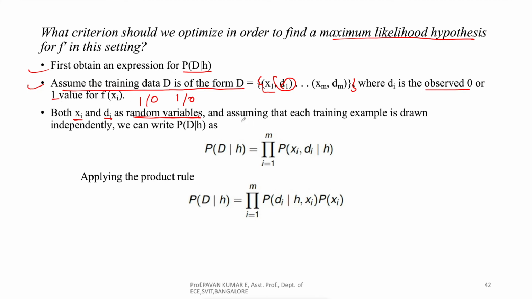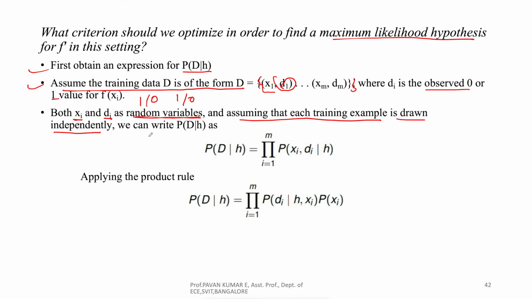Then, assuming that each training example is drawn independently, for each state you are extracting, suppose Mysore, what is 1 or 0, like Kolar is 1 or 0, Chikballapur 1 or 0, Bangalore 1 or 0. Like that you are extracting for each training example independently.